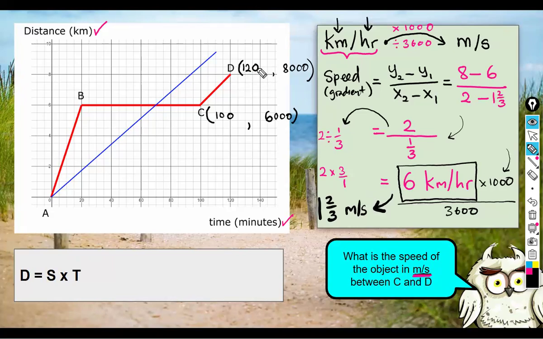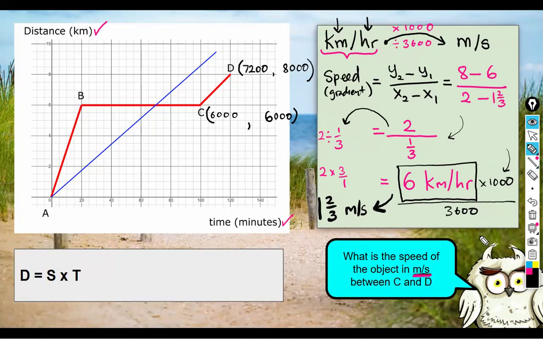How do you convert minutes to seconds? You have to multiply by 60. And this 100 minutes, you also multiply by 60. So if we do that, everything will be in meters and seconds. 120 by 60 is 7,200, and 100 by 60 is 6,000.